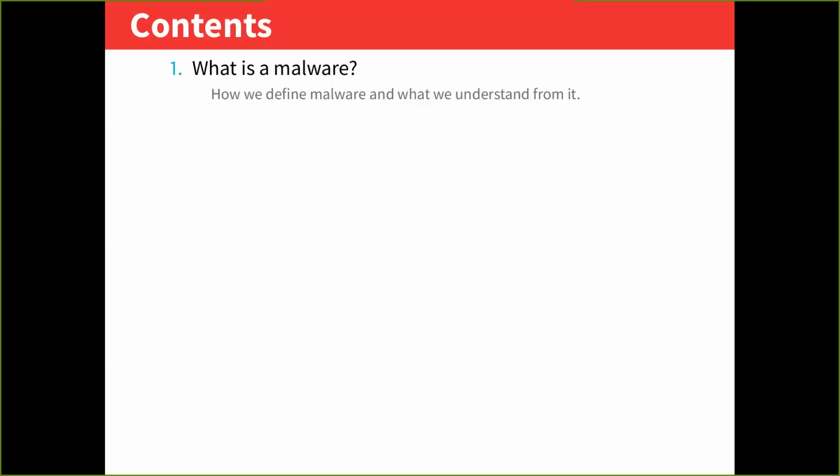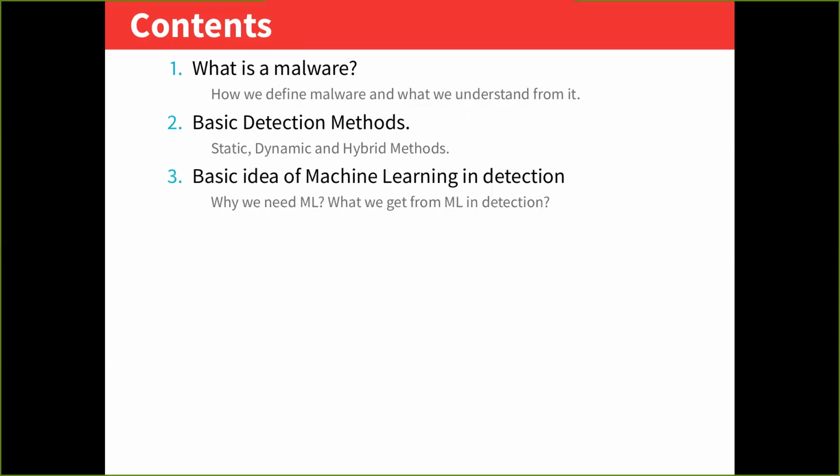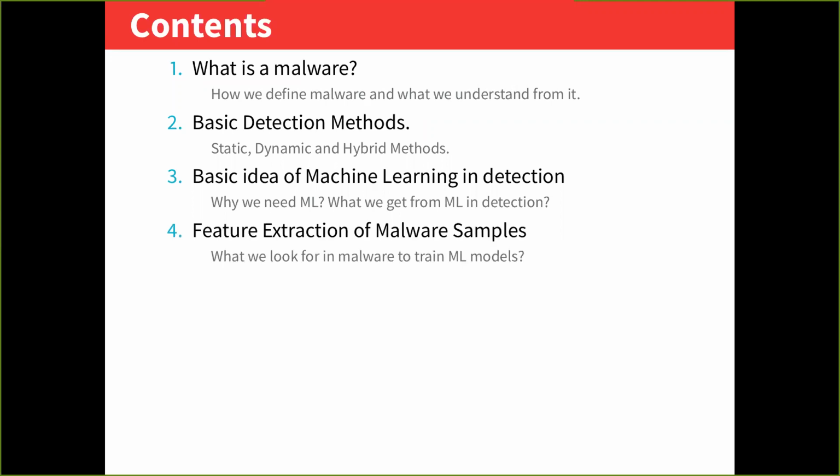So what we look for in the malware, etc. Then we will see basic detection methods that are already being used in antiviruses and other products which detect malware, and how we actually do it now and before the machine learning process. Then we will get into the basic idea of machine learning in malware detection, and we will see why we need machine learning and how we can detect malware with machine learning.